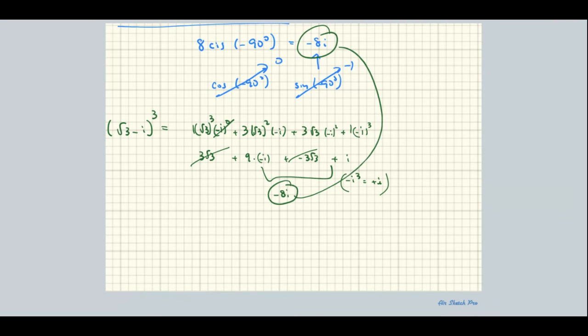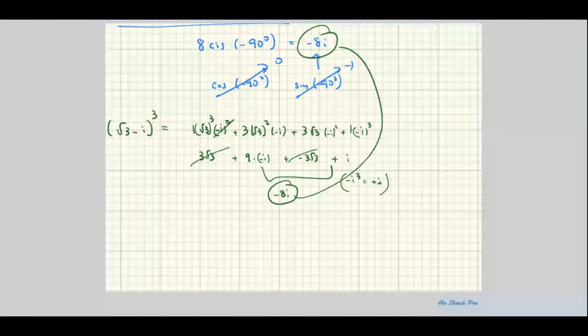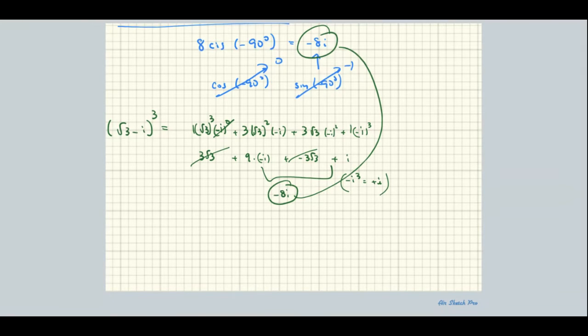Same number. But to get the cube using de Moivre's theorem, it was just 2 cubed times negative 30 times 3. That's all the calculation you had to do. If I want to do it longhand like this, multiplying it out, that's more awkward.